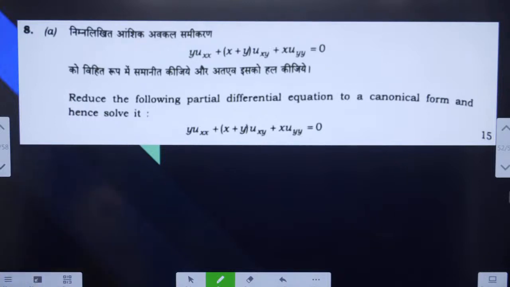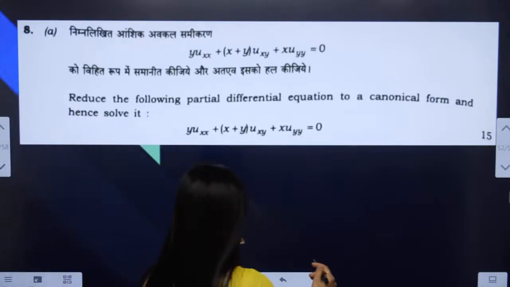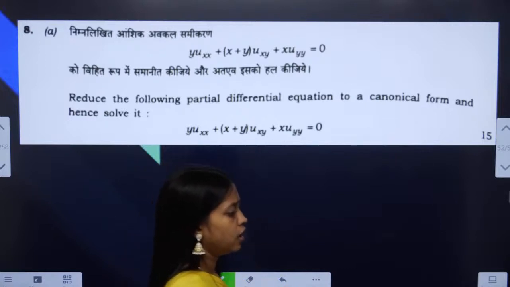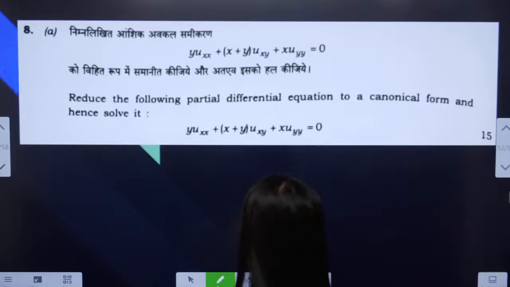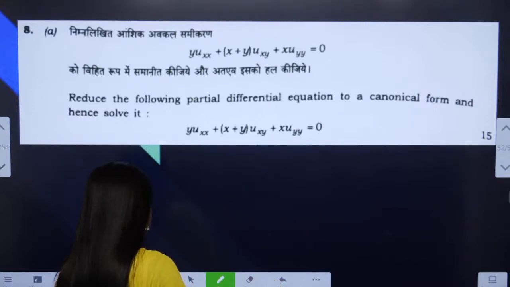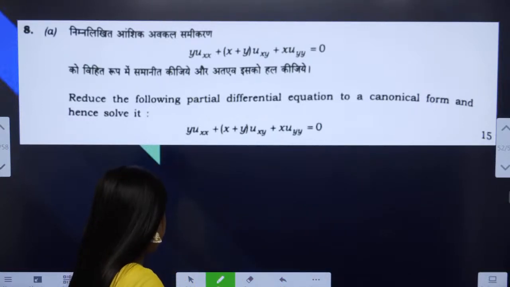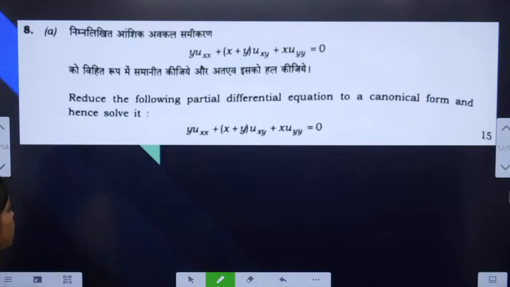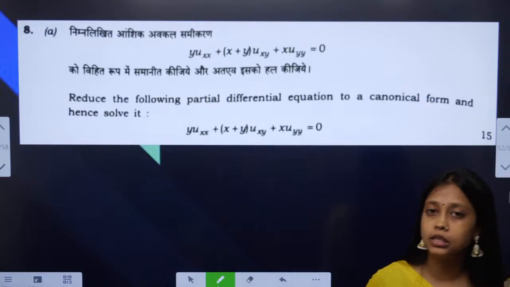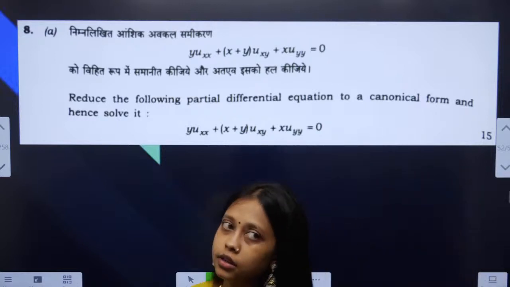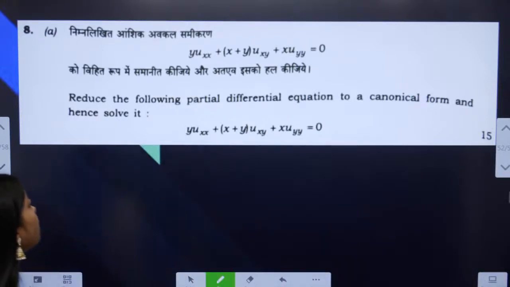8th, canonical form. Again, to reduce it to the canonical form requires some effort, right. Again the series of formulas are required, that is first of all compare the partial differential equation that is given to you.